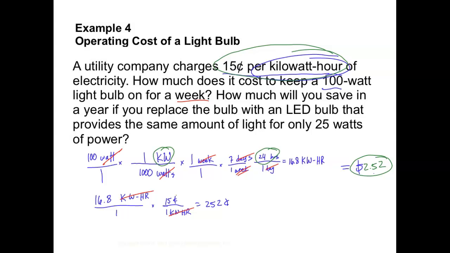All right, so how much would you save for an LED bulb that provides the same amount of light with only 25 watts? Well, we could go through that whole calculation again, or we could be a little more clever about it. What fraction of 100 is 25?